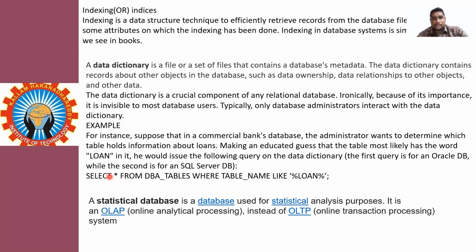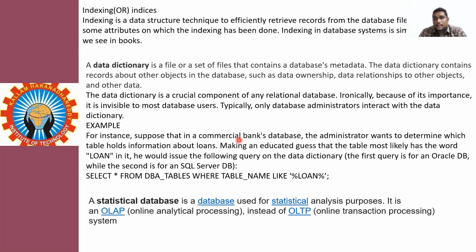Okay. So this is the retrieving query. What is select, what is star, all we will discuss. This is DB underscore tables. For example, you have a table called employee. In the table you have data.